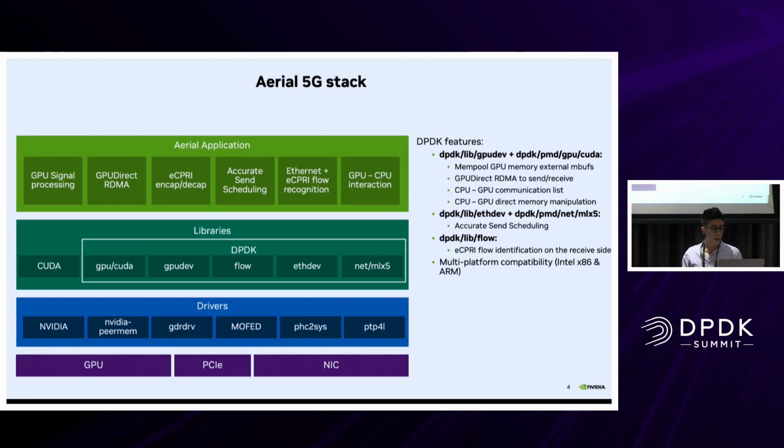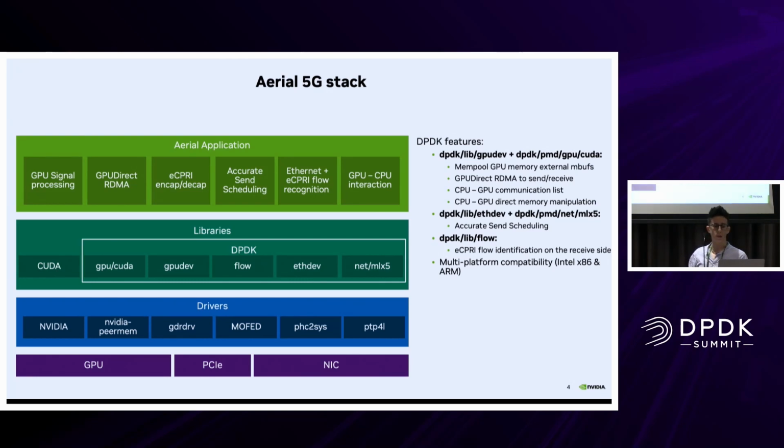You also need the GDRCopy kernel module, which enables direct communication between the CPU and the GPU, because you can allocate memory on the GPU, map it with GDRCopy, and then access it directly from the CPU as if it were another CPU memory location.